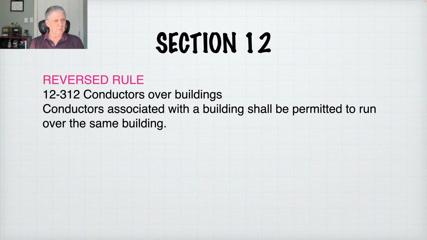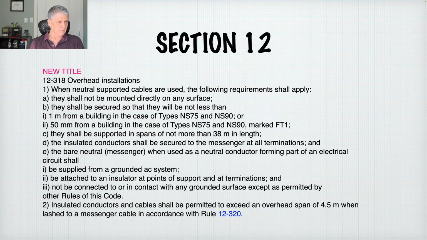But now we have a reversed rule where it said we weren't allowed to run conductors over a building. We now allow conductors associated with a building shall be permitted to run over the same building. This rule has been changed. New title, overhead installations. So the rules are all the same.